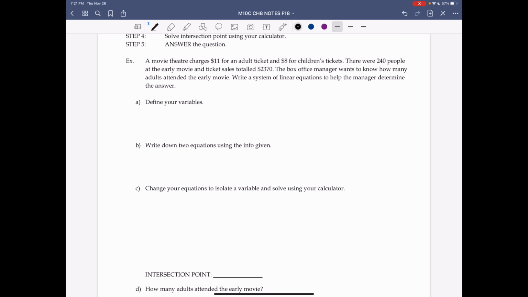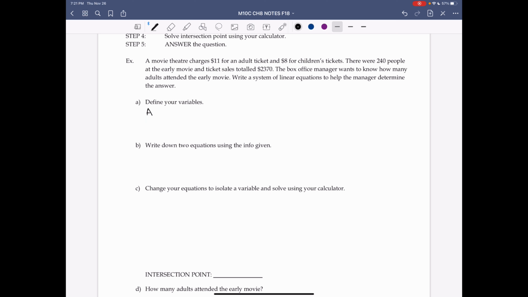Define your variables. Usually, when you're defining your variables, you can get that information from the thing you're trying to find. So we are trying to find how many adults attended the early movie. So number of adults, or in this case, number of adult tickets.